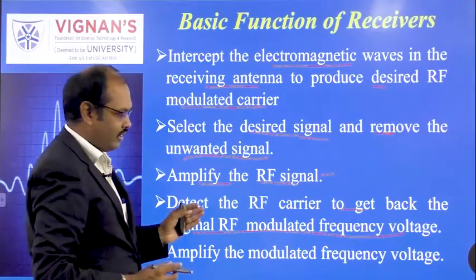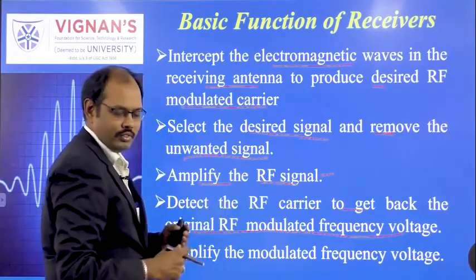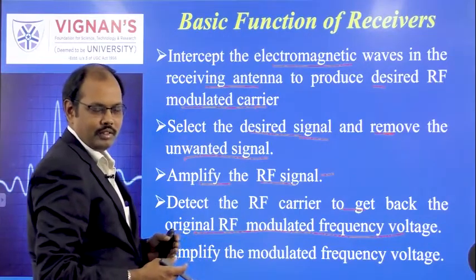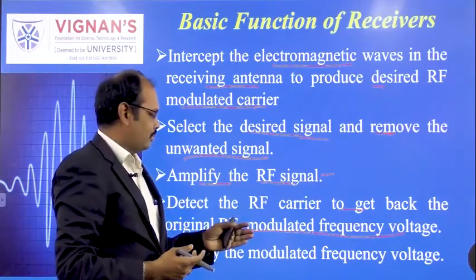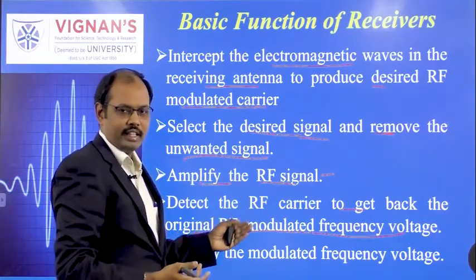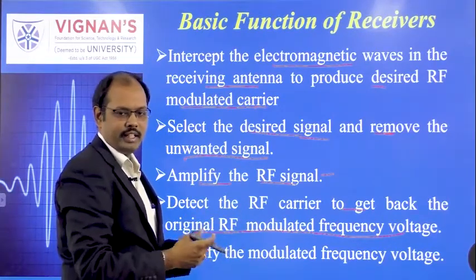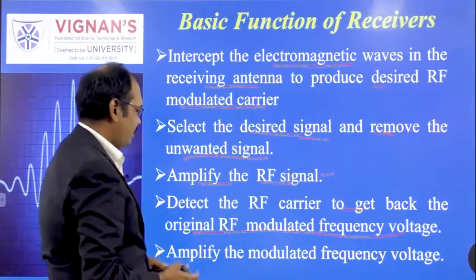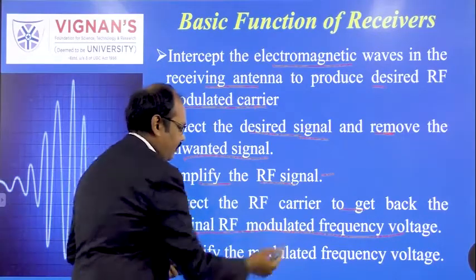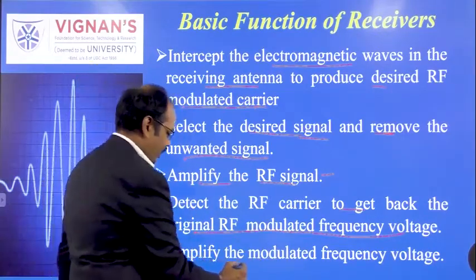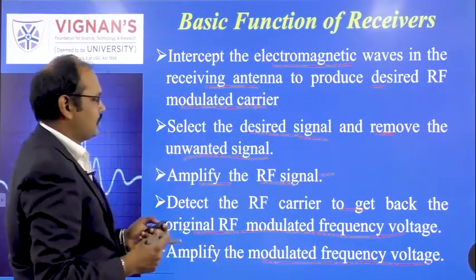At the transmitter we do modulation by mixing both the message signal and the carrier signal. So at the receiver they have to be separated: the message signal has to be separated from the carrier signal. We have to receive the modulated frequency voltage and amplify it.